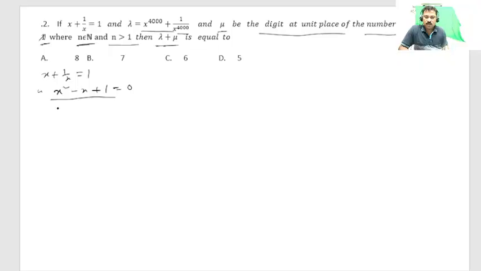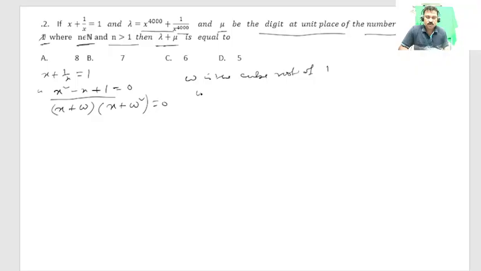So here we just factorize this. After factorizing, we get (x + omega)(x + omega square) equals 0, where omega is the cube root of unity, the cube root of 1.